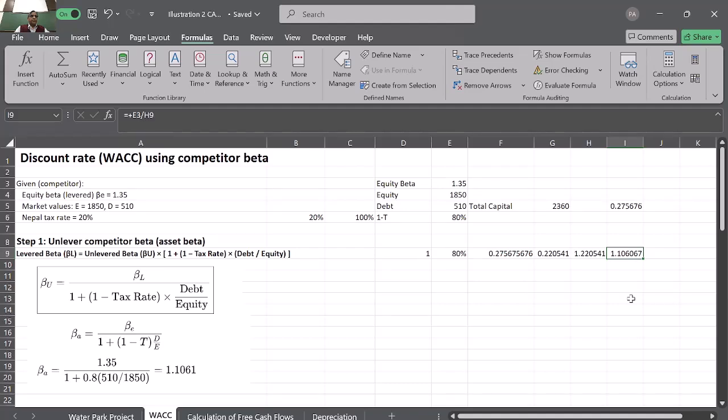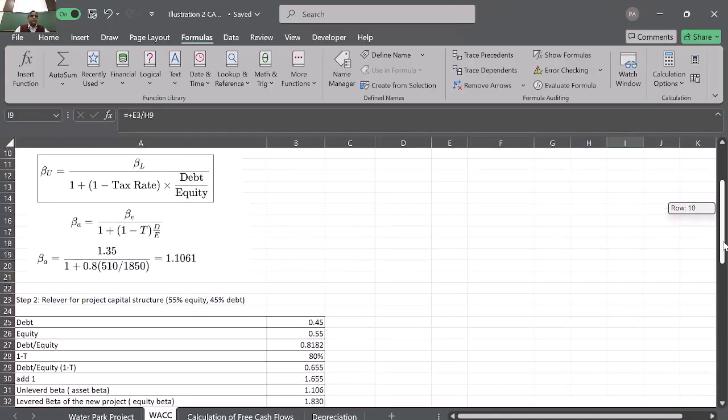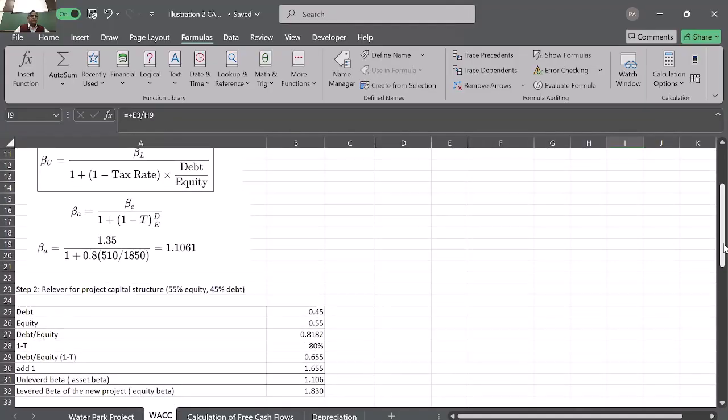Any question? Just look at the formula and see that everything is in order. I have used this formula and shown how it has been calculated; we have just put in the numbers. Is that okay? Then relever the beta for the project capital structure.